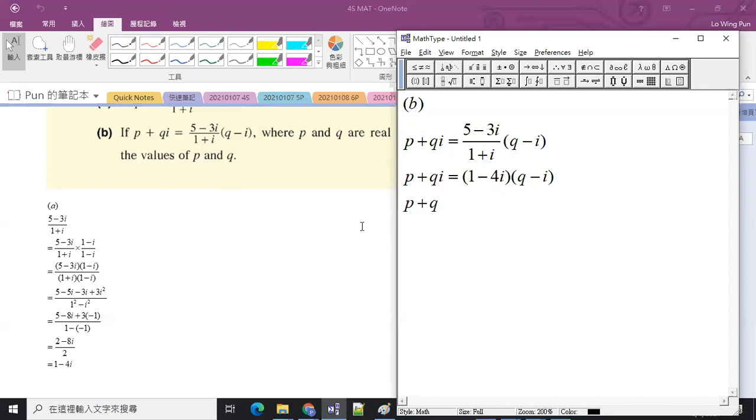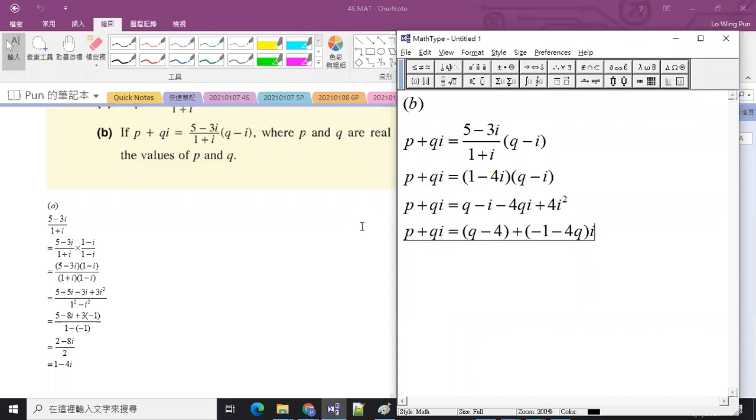And then p plus qi, and then we multiply the two brackets, expanding the two brackets on the right hand side. So we have q minus i minus 4qi plus 4i squared. And again, you just change the i squared to be -1. So p plus qi is equal to q minus 4, and I just group the real parts together and the imaginary parts together.